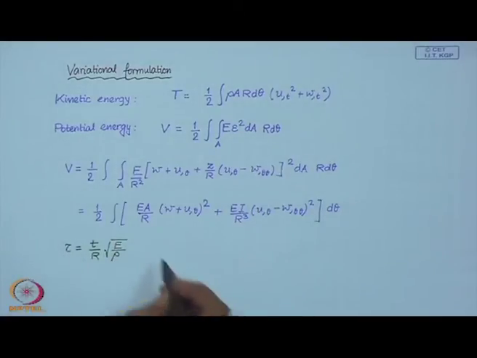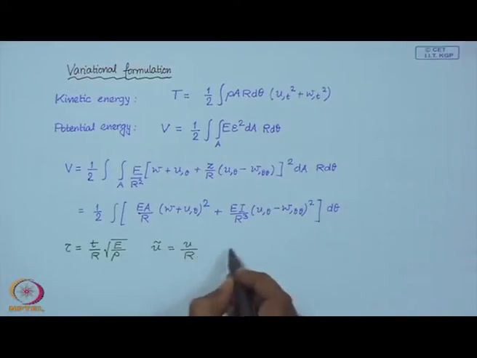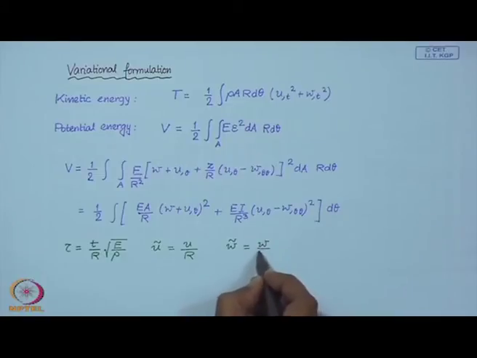So, this is a non-dimensional time tau, a non-dimensional circumferential displacement, and a non-dimensional transverse or radial displacement w tilde.